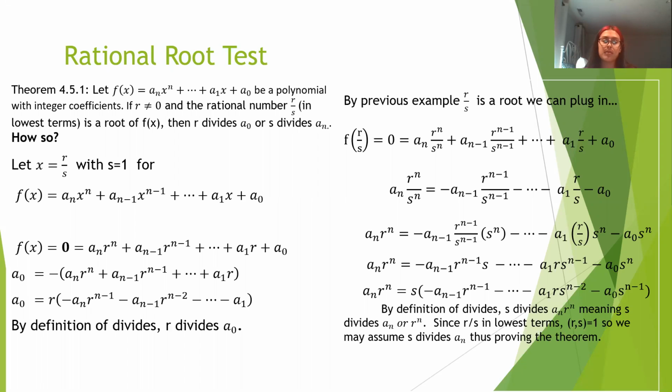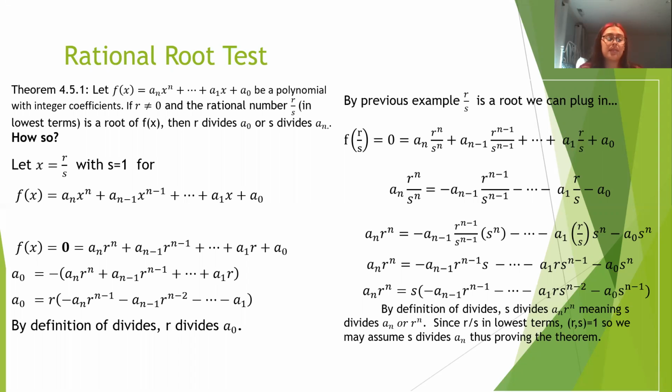By isolating a sub 0, all the other terms become negative. And as we can see, they all have the term r in them. So we can factor out an r from all of them as shown in the third line.